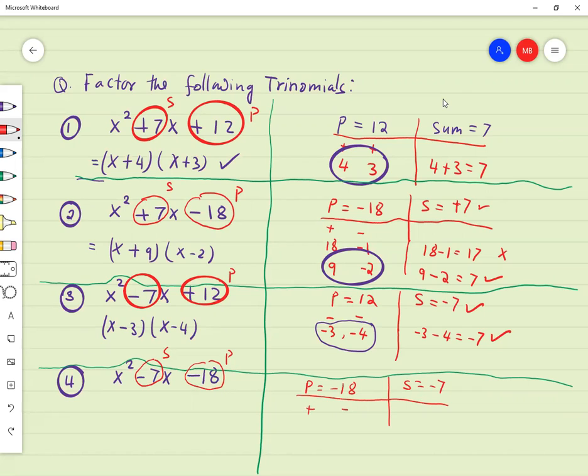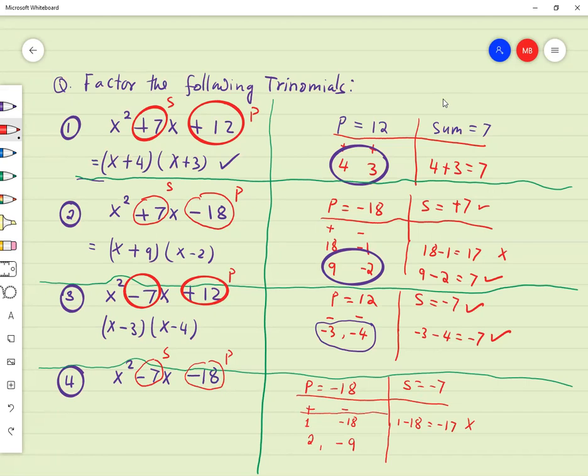So I can start with positive 1 and negative 18. Their product is negative 18, but their sum is negative 17. That did not match negative 7. Let's look at the other one, 2 and negative 9.